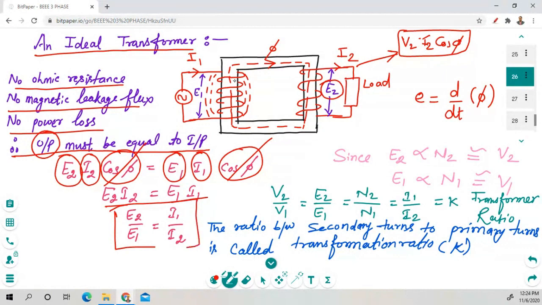But it says the EMF generated across E2 depends upon E1, and this I2 generated in the secondary side will depend upon I1. So when this EMF is generated across the primary side, then this current will be dependent upon this EMF E1. Okay, understood? Any doubt till now? How we have calculated these equations?